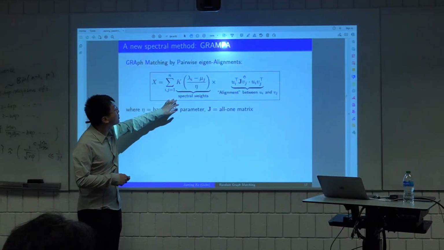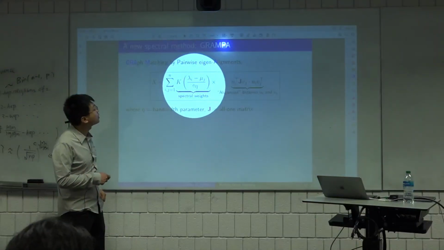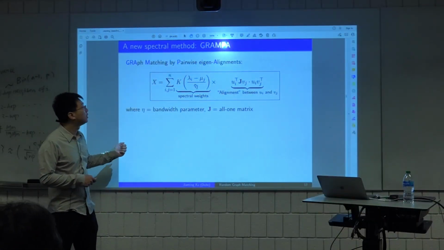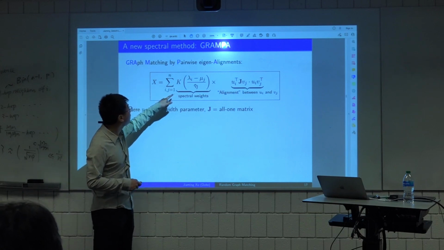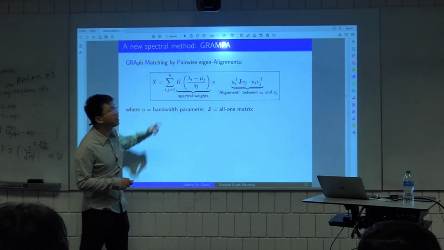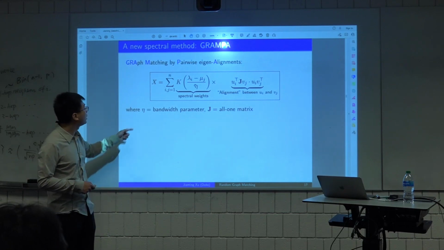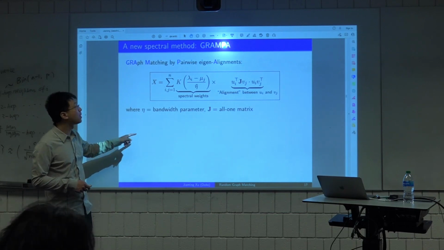And we also weight according to the distance between the corresponding eigenvalues, lambda i and μj. So it has this kind of funny form. Capital K here is just a kernel that we apply on this problem, and eta is a bandwidth parameter.